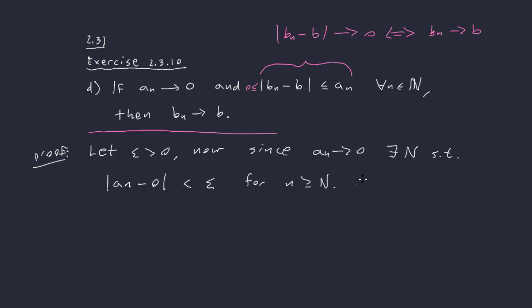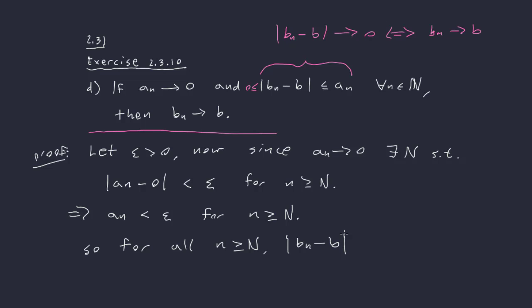So what this actually gives us is, this implies that a_n is less than epsilon for n greater than or equal to this capital N. All right, so for all little n greater than or equal to this big N, the absolute value of b_n minus b, well, we know that that's less than or equal to a_n by hypothesis.